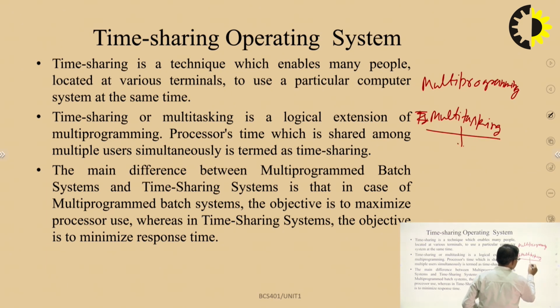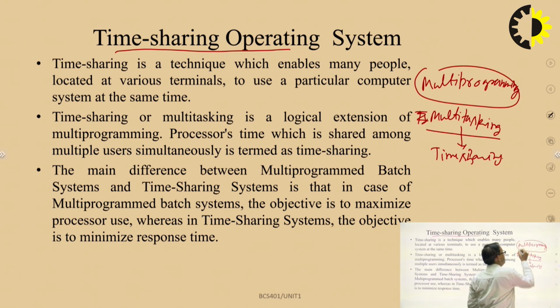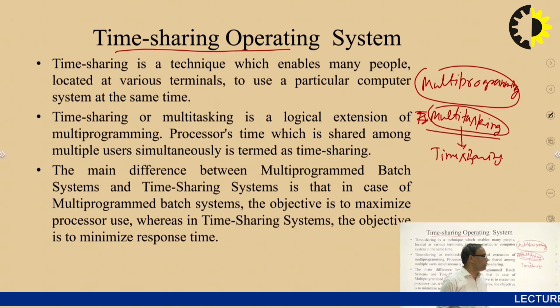Sometimes this is also known as the time sharing system. So the time sharing system is also known as the multitasking system. What is the difference between multi-programming and multitasking? Both terms look similar, but there is a technical difference between them. Some authors define multi-programming and multitasking as the same, but there is a little bit of difference.